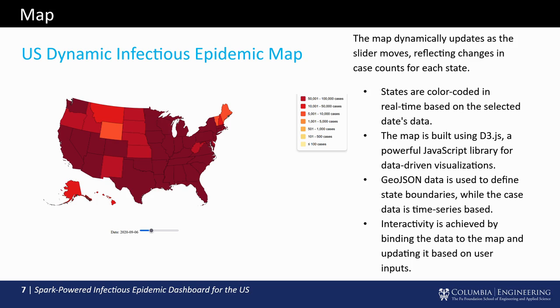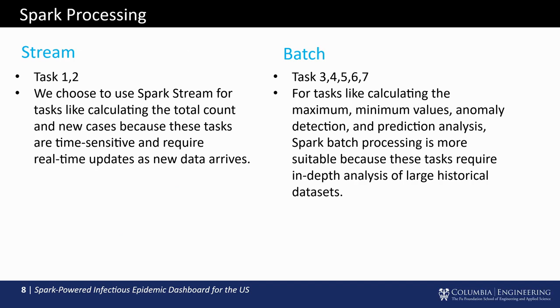The map is built using D3, a powerful JavaScript library for data-driven visualizations. We found the GeoJSON data from a government website, which is used to define the state boundaries, while the case data is time series based. The interactivity is achieved by binding the data to the map and updating it based on user input.